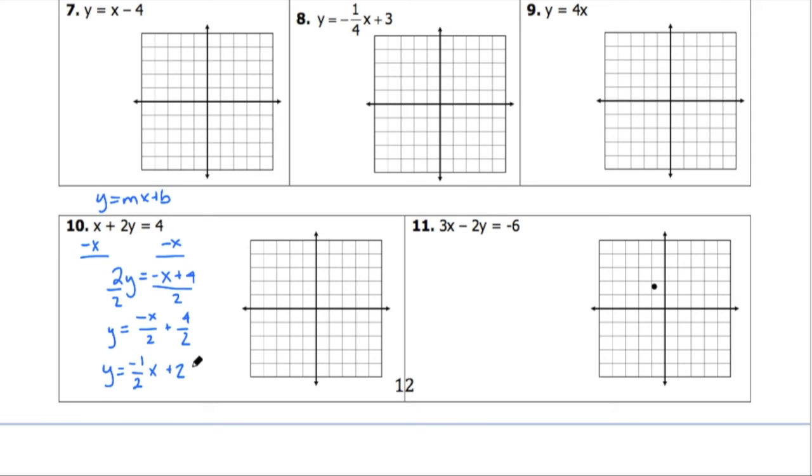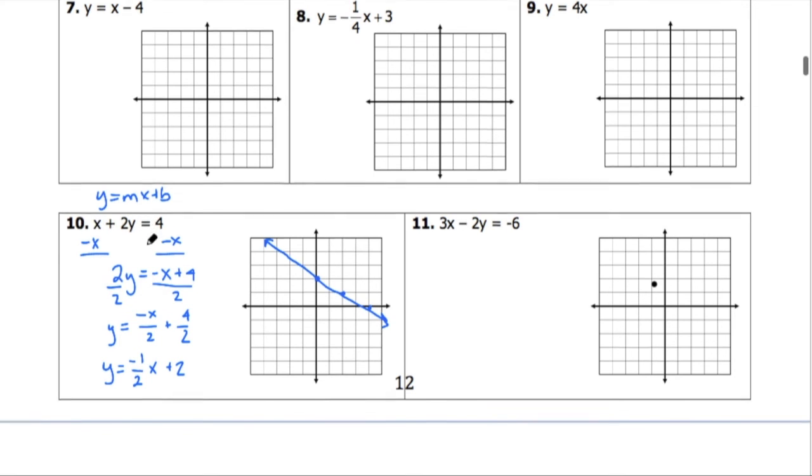That looks like our slope-intercept form, and now we can graph it like before. We've got a point at (0, 2), 2 up on the y-axis, and our slope says go down 1 and to the right 2. So we can keep doing that to get a few more points, and then we can connect our points with a nice straight line. So when it's not in slope-intercept form, we can solve for y to make it slope-intercept form, and then we can graph it as we were doing previously.